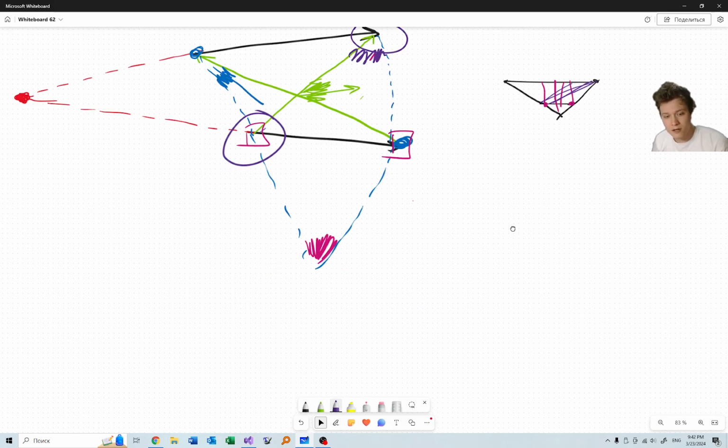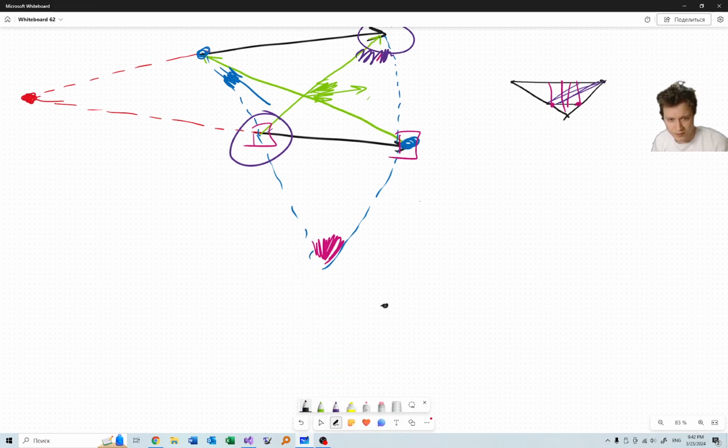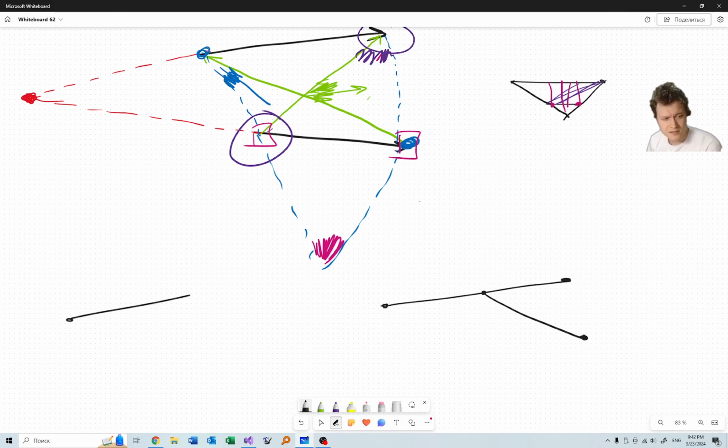There are tricky cases, however, for example, this one. If we have a segment, and on top of that there is another segment, the easiest thing that we don't like is this pair of segments, because any direction can intersect both of these segments. For example, this one, this one, this one, and so on.